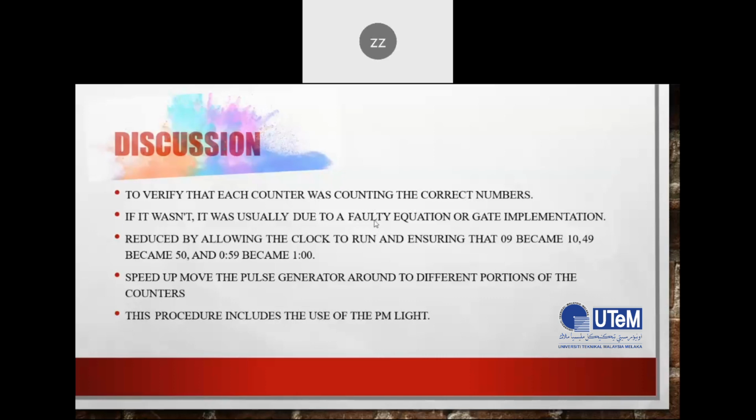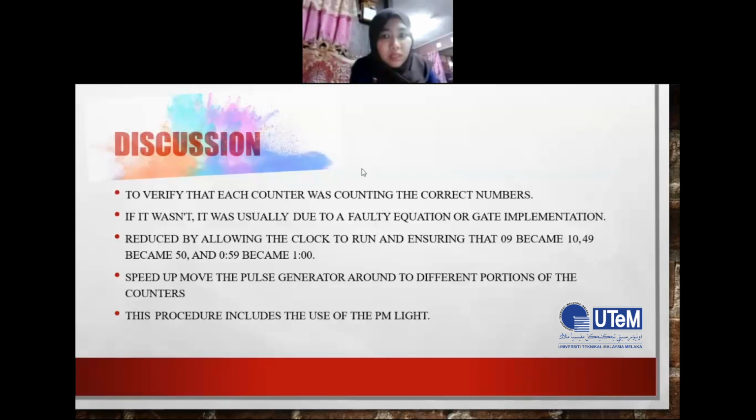Okay, for the next slide, discussion. To verify that each counter was counting the correct number. If it was not, it was usually due to a faulty equation or gate implementation, reduced by allowing the clock to run and ensuring that 9 becomes 10, 49 becomes 15, and 15:9 becomes once.